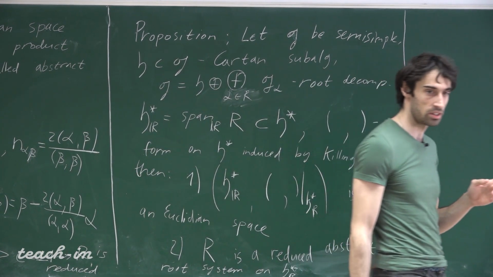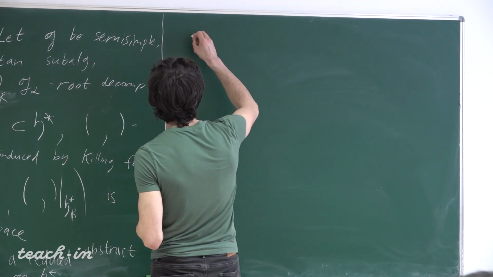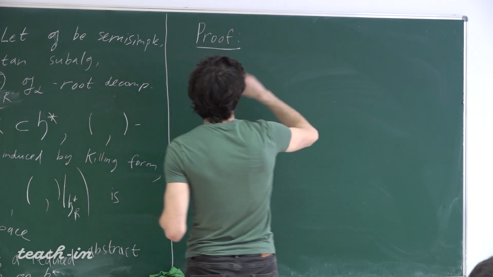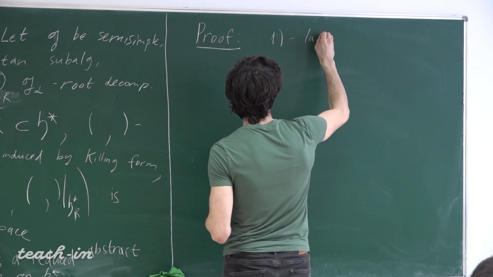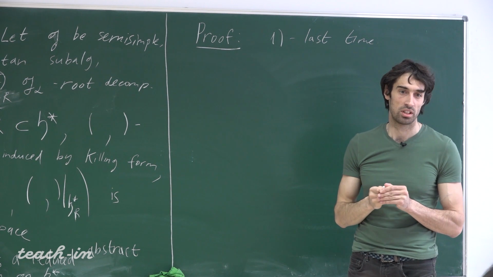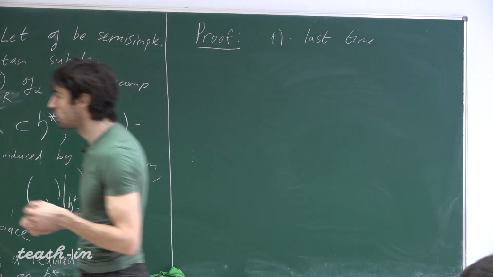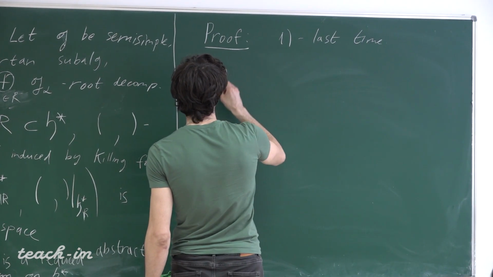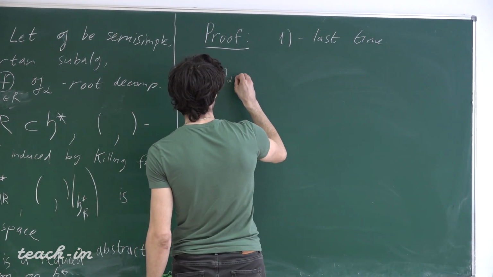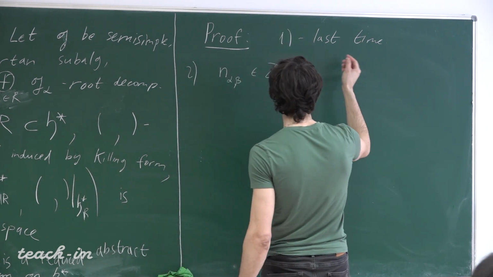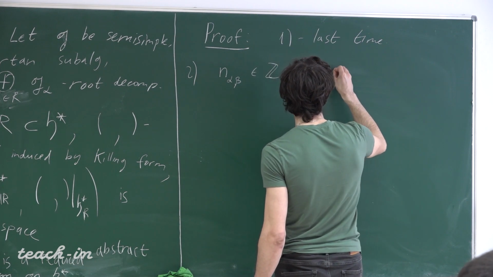Okay, so we proved number one last time. But on the way of proving one, we also proved the check of this condition for R. So n alpha beta is an integer, and that we also proved last time.